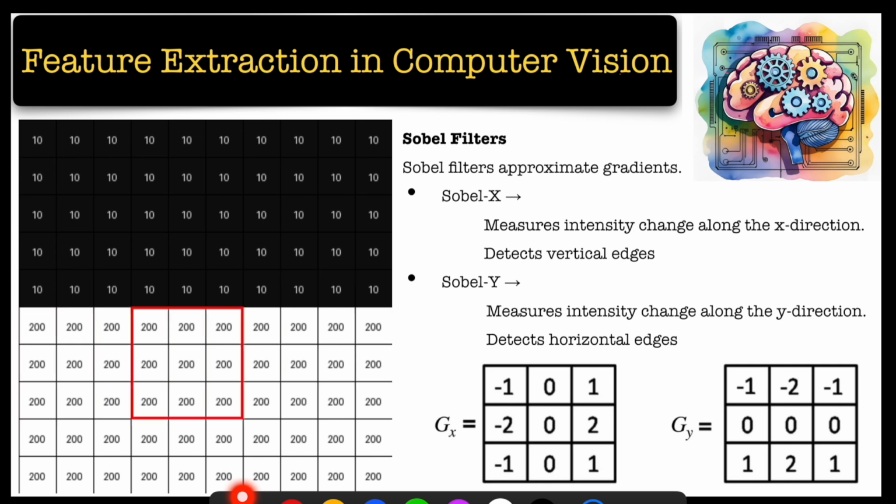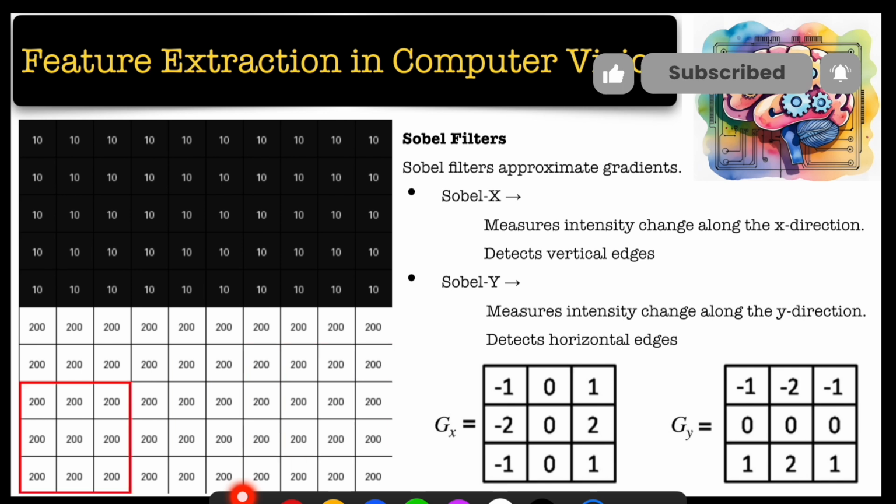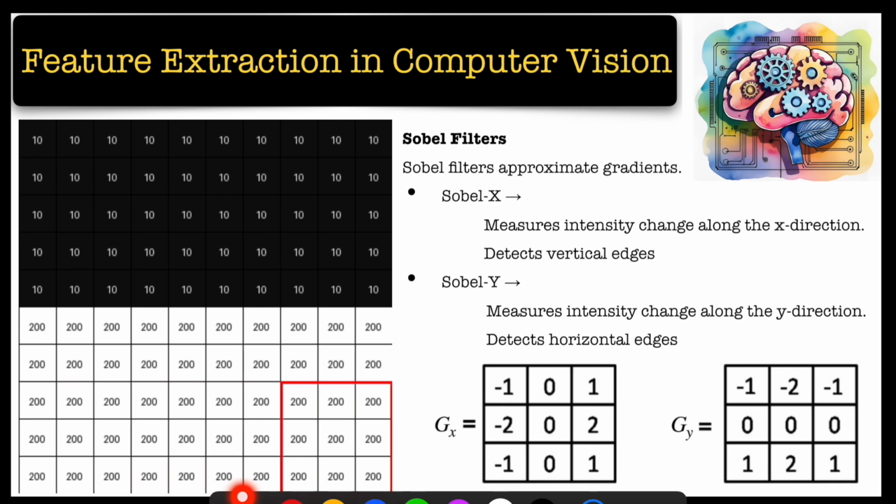There are well-known filters called Sobel filters. We have two types, the Sobel X filter and the Sobel Y filter. Sobel X measures intensity change along the X direction and detects vertical edges. Sobel Y measures intensity change along the Y direction and detects horizontal edges.